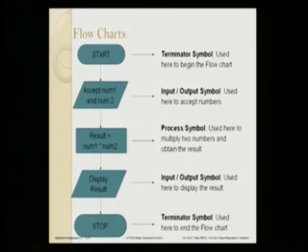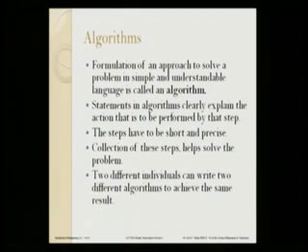Then in the result it will put the multiplication of num1 and num2. Both are called variables. This symbol is known as the process symbol. After that it will display the result. It is called the output or input symbol, and at the end the flowchart will end with stop, that is called the terminator symbol, right?